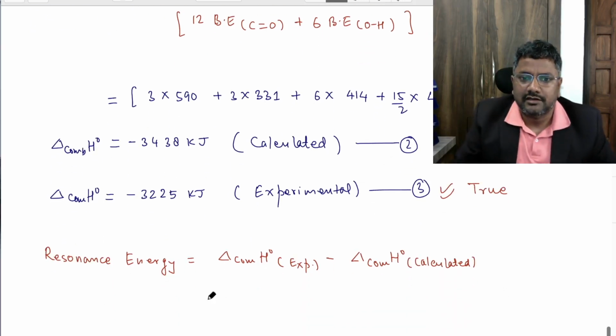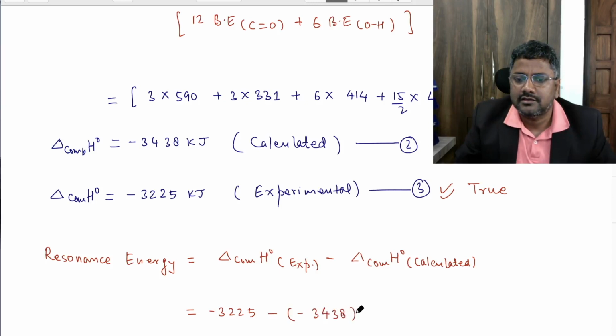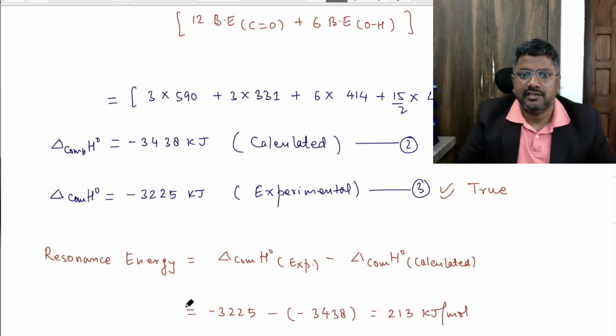So you can write here, experimental value is minus 3225 minus minus 3438. So this is equal to 213 kilojoules per mole. So this is the resonance energy.